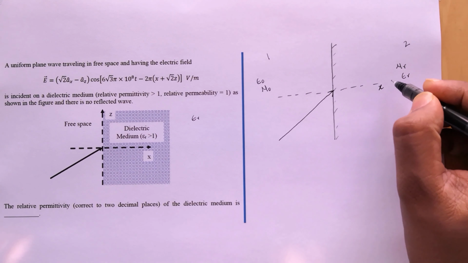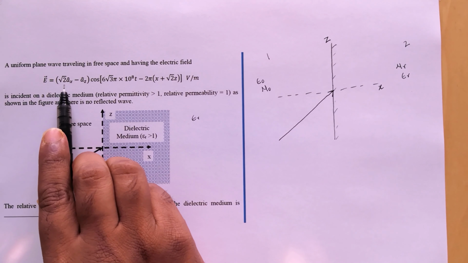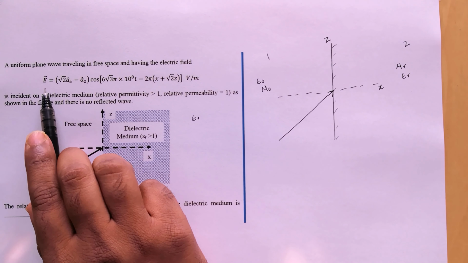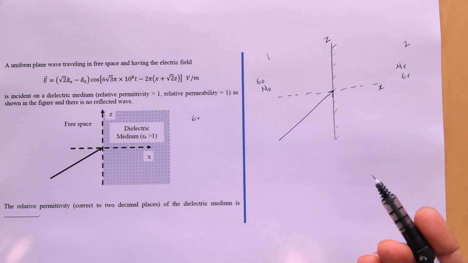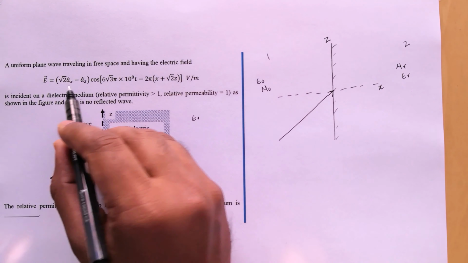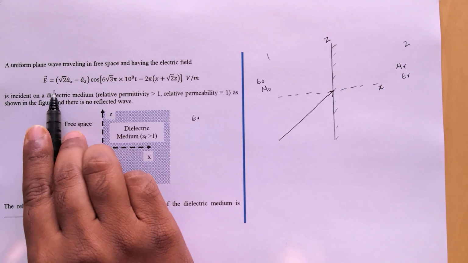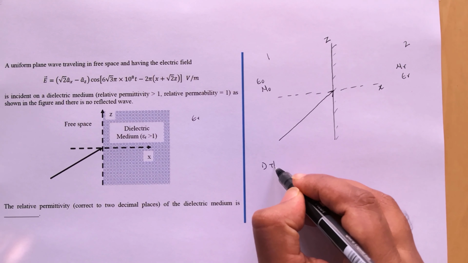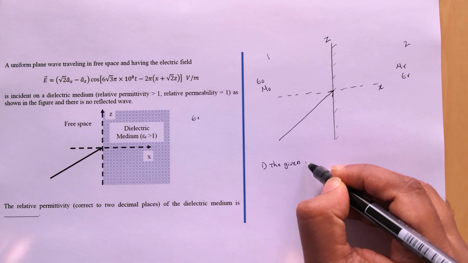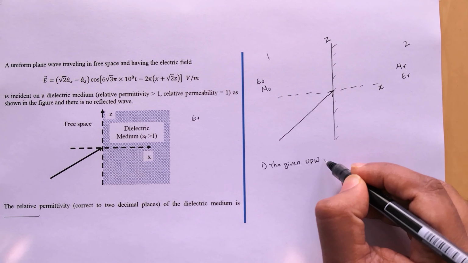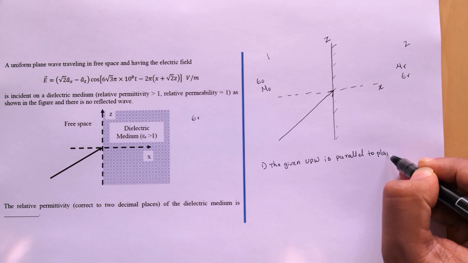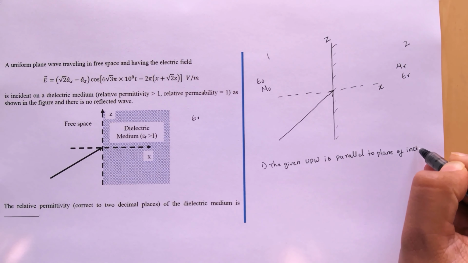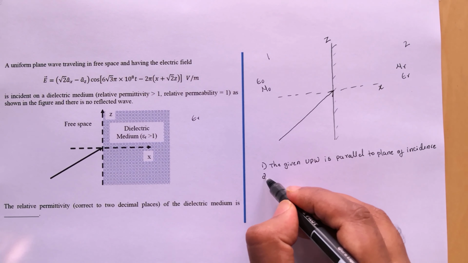So this is X and this is Z. From this we can understand that E has components only in the XZ plane, which is our plane of incidence. So the first thing you have to infer from the given information in the question is that the given uniform plane wave, UPW, is parallel to the plane of incidence. This is very important to identify.